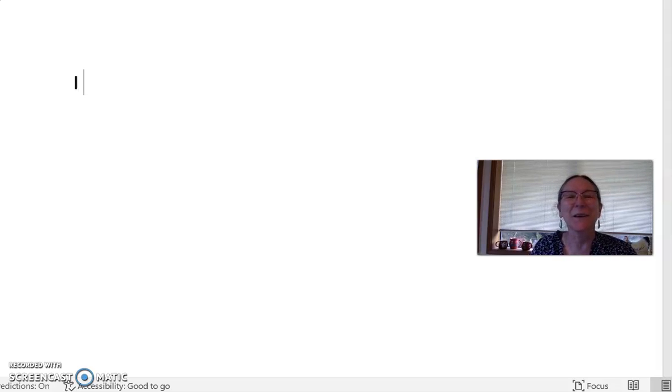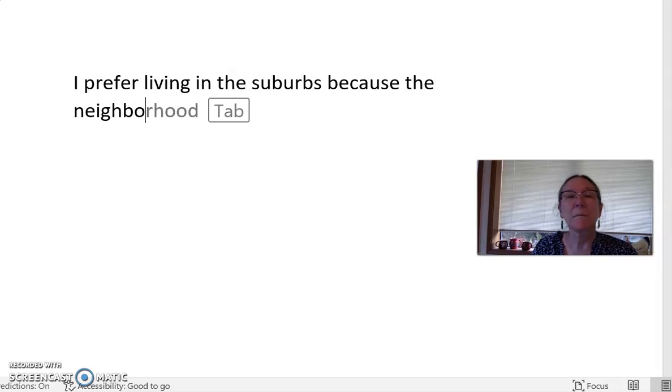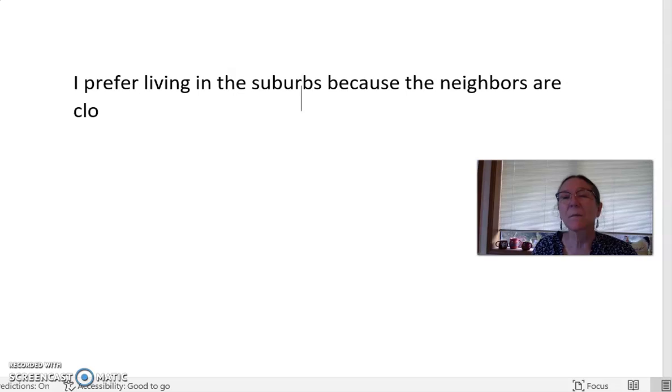I prefer living in the suburbs because I would say people live in the suburbs because the neighbors are close and I feel safer.